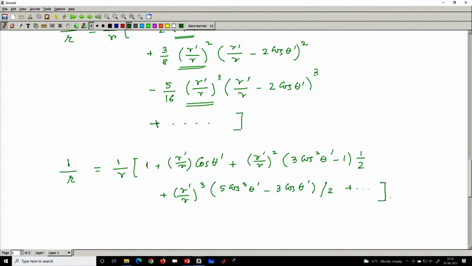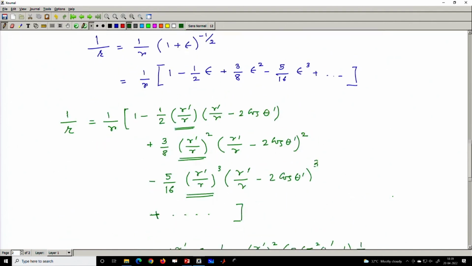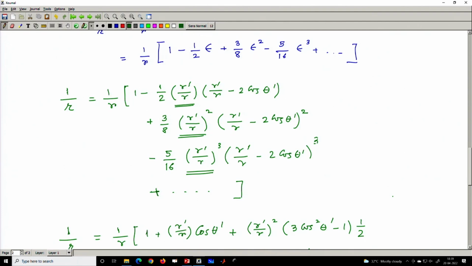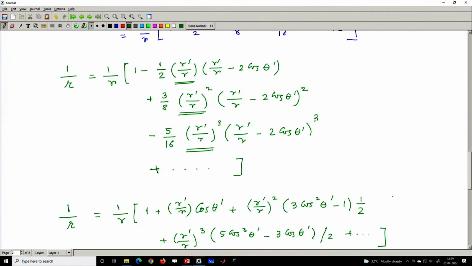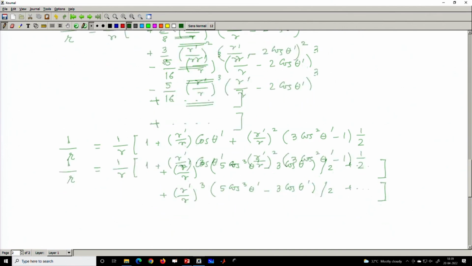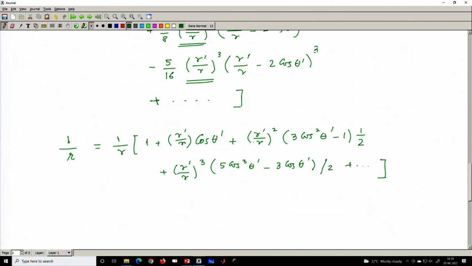Okay. So, let me explain once again. I have this expansion, and after having the expansion, now I am gathering all the terms by the power of the ratio r prime divided by r. So, if r prime divided by r is x, I first take the term x, then the term associated with x square, then the term associated with x cube, and so on.